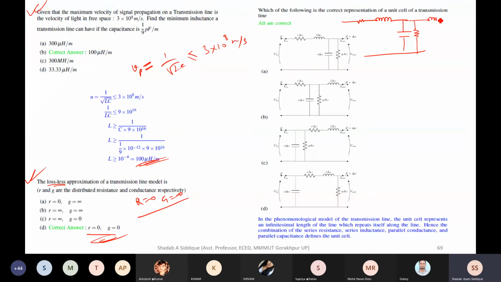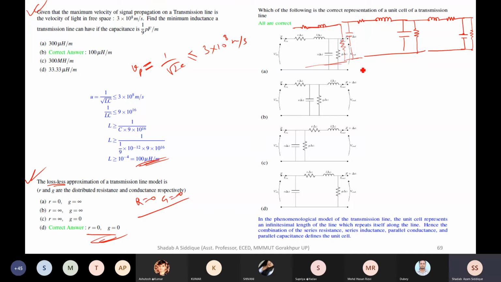Again, maybe inductance this side, maybe resistance this side, but this should be in parallel. This should be in series. And another capacitance, another conductance, and so on. This side also will be there like this.